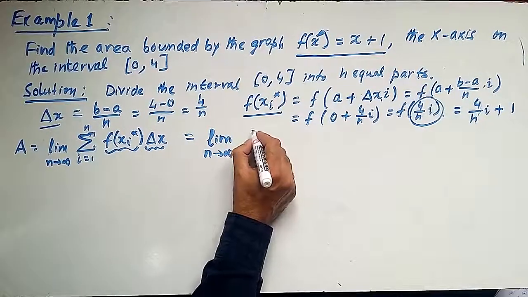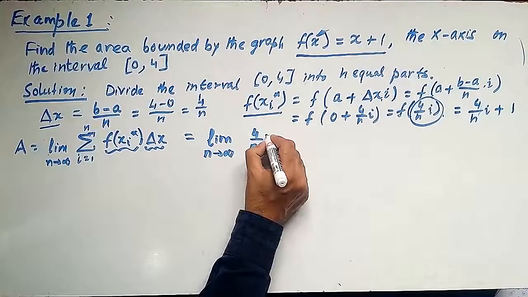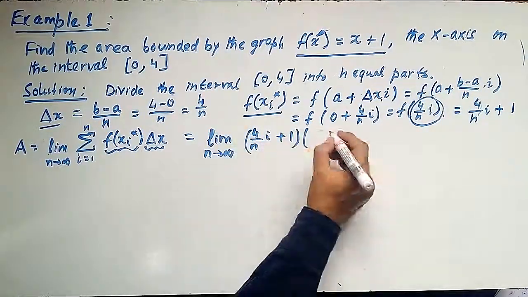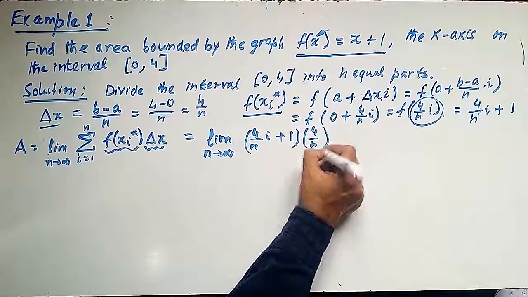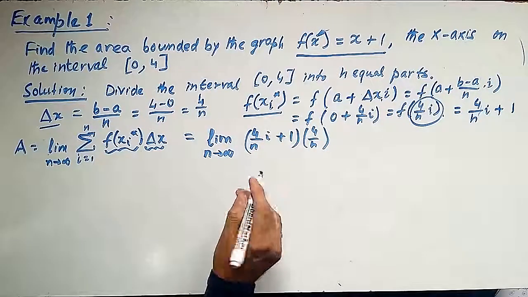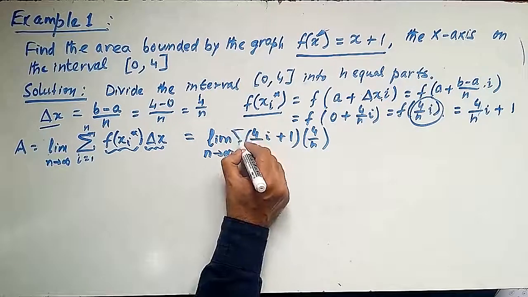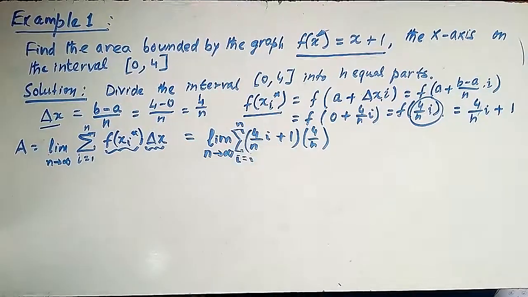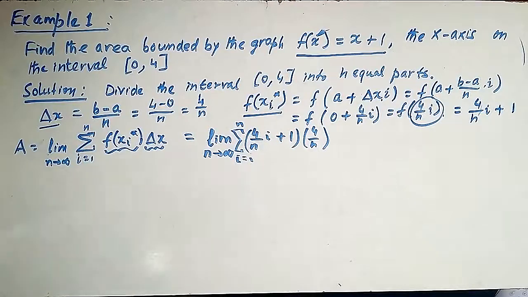We just have to plug in the value of this and the value of this, which we have got earlier, to get the sum. So n tends to infinity. f of x_i is what? 4i by n plus 1, into what we get for delta x, that is 4 by n. And we have to put in the summation symbol here, i equal to 1 to n. So let's see this one now.